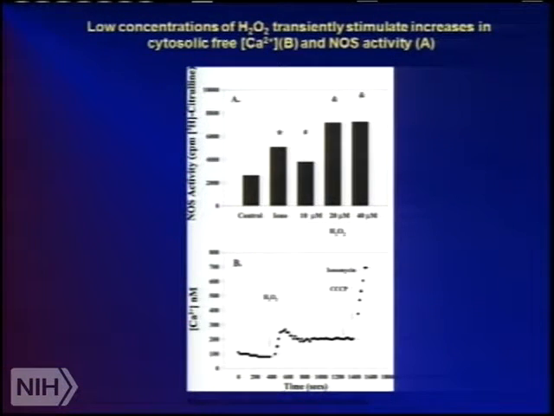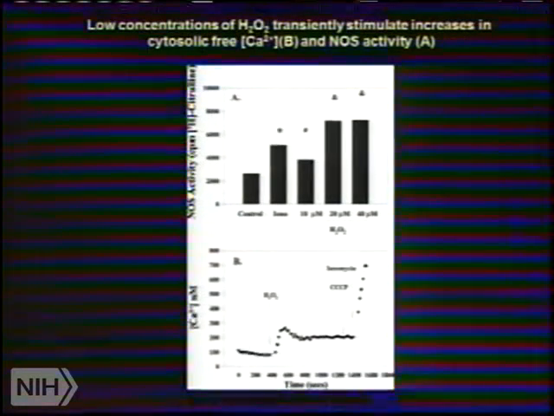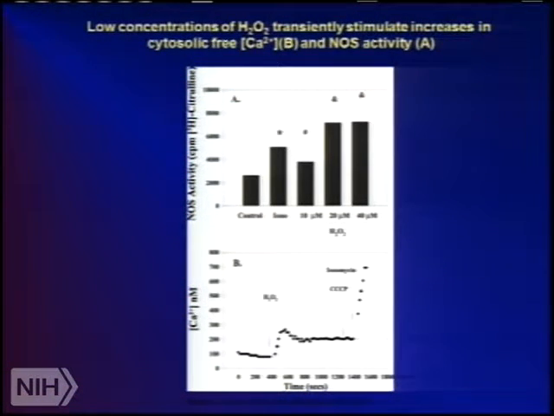And then the cytosolic calcium goes up transiently when you add H2O2. Calcium channels open. When the channels open, then the calcium flows in. Nitric oxide synthase gets turned on. And then you can also increase calcium in the cells using ionomycin, which is an ionophore.